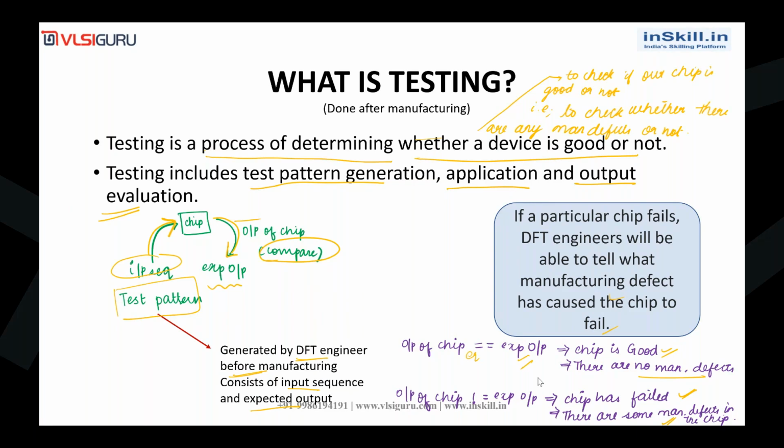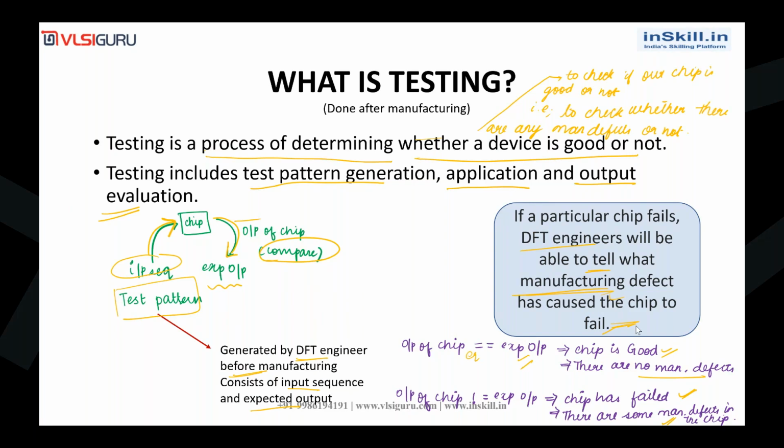If it is not equal to the expected output, it means that the chip has failed, so there are some manufacturing defects in the chip. So if a particular chip fails, DFT engineers will be able to tell what manufacturing defect has caused the chip to fail.